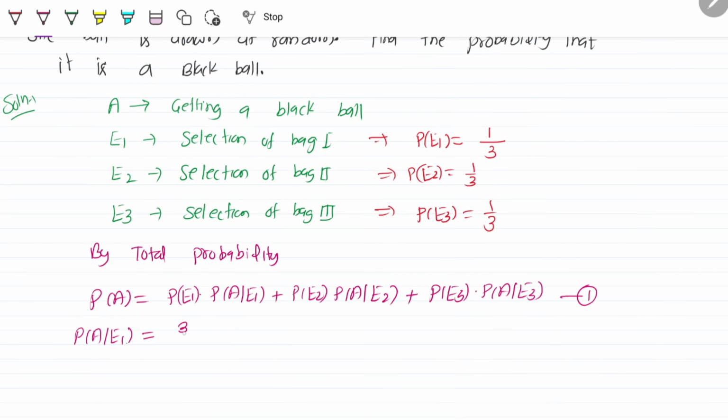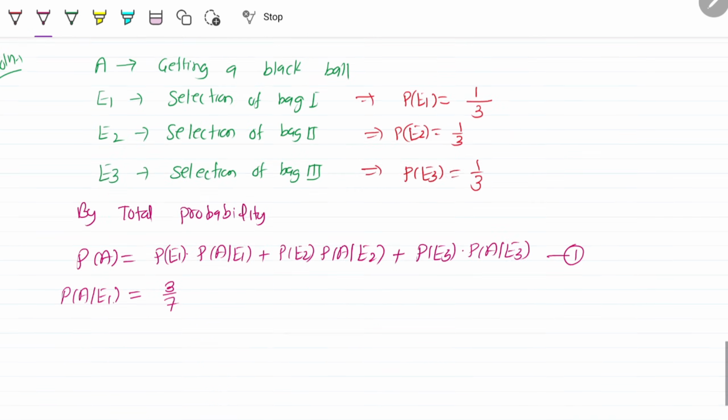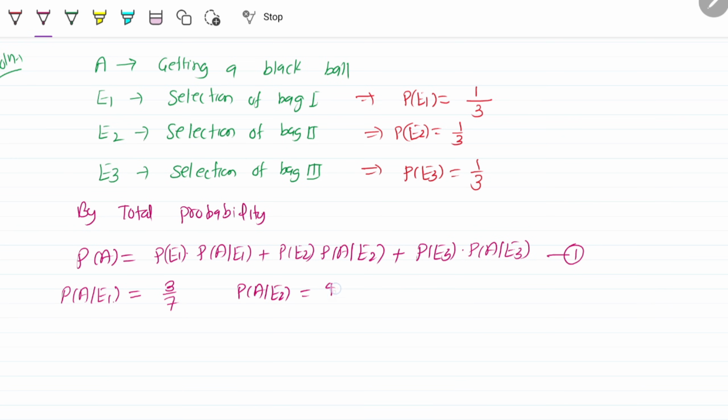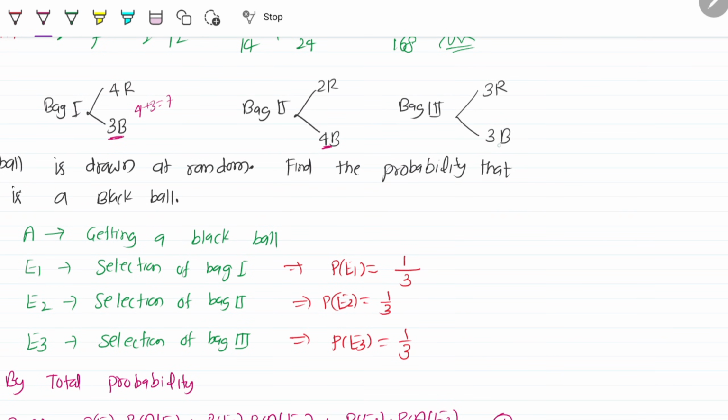Okay, 3 by 7. Next, here PA by E2, getting black ball from bag 2, 4 by 6. PA by E2 is 4 by 6. And PA by E3 means getting black ball from bag 3. In bag 3, 3 black balls, total 6 balls.